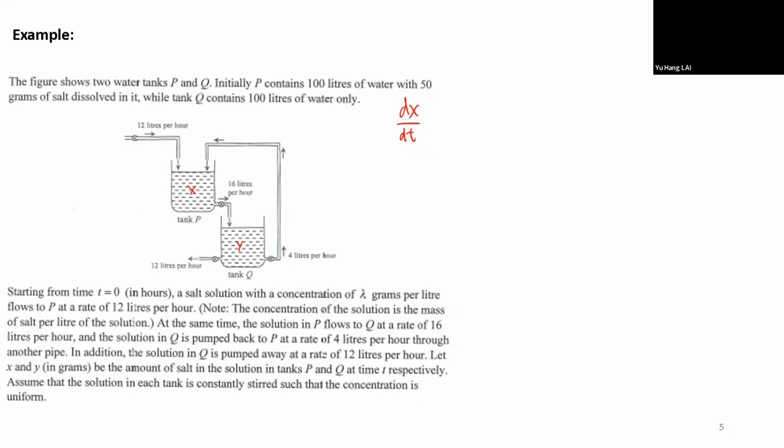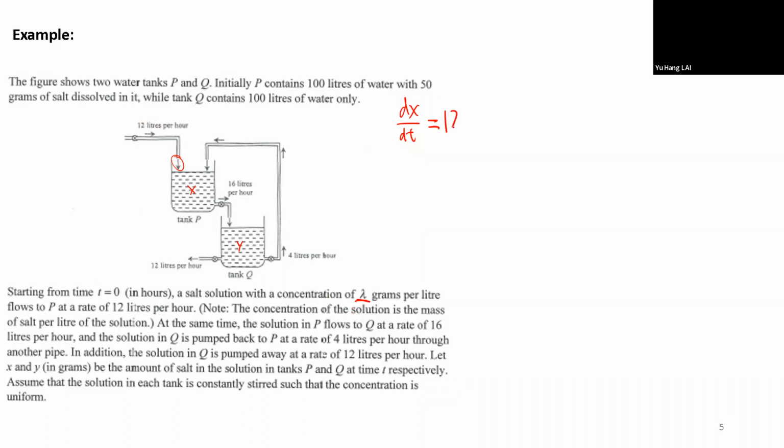For dx dt, we need to think about the terms that make the salt increase, and also the terms that make the salt decrease. First of all, we have this input here, which gives us the amount of water per unit time times the concentration of salt.